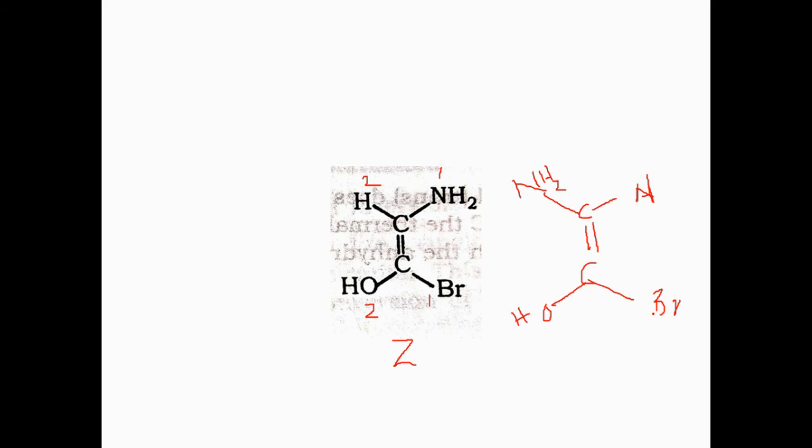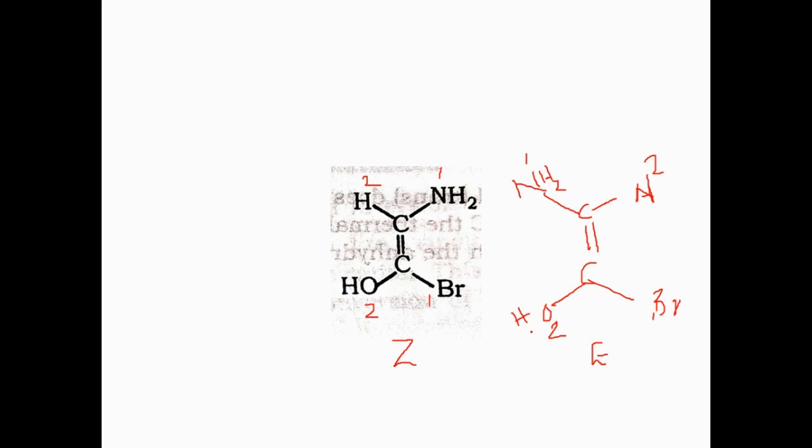Priority is 1, 2, here 1, 2. Here the same priorities are arranged in the opposite manner. So this configuration is E.